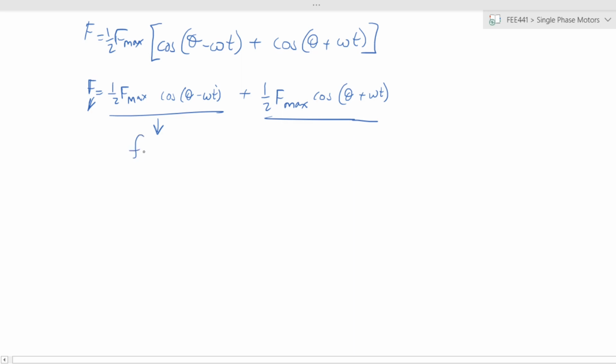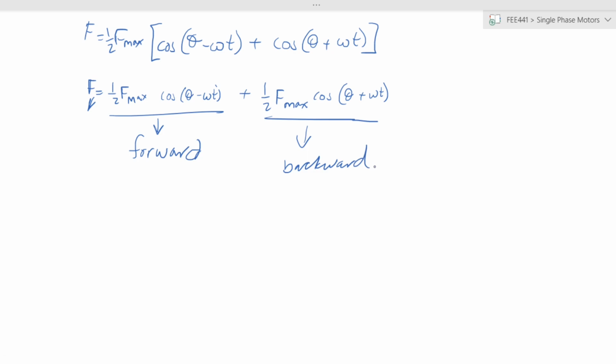So we call these two components the forward and the backward components, right? And these two components are very crucial in explaining the action of single phase induction motors, because you can resolve all the characteristics of the single phase induction motor into these two forward or backward forces.